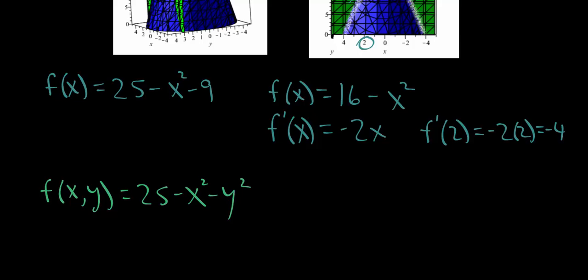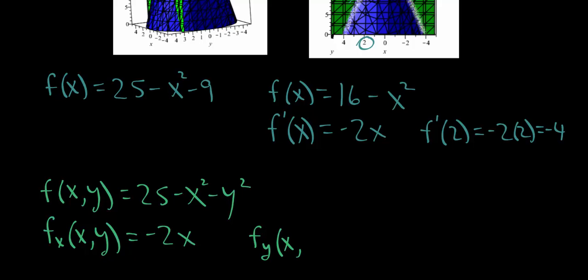And I would talk about the partial with respect to x, and this would just be negative 2x. I'm treating y in the same way I treat 25, just as a constant. It's not a variable anymore, it's a constant. And then I could do the partial with respect to y, and that would be negative 2y.